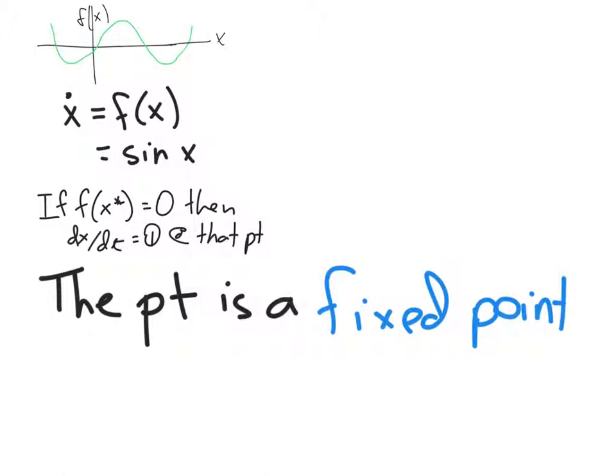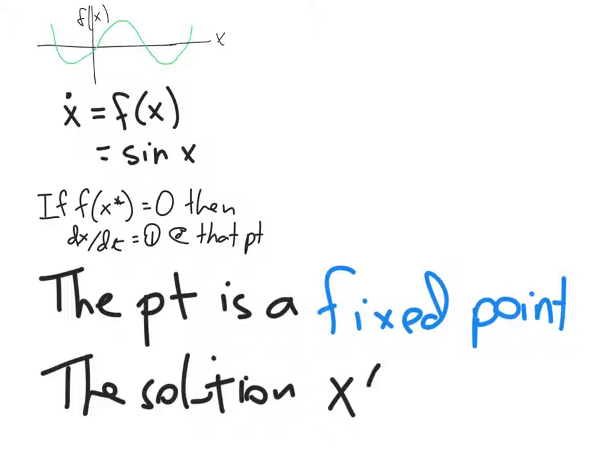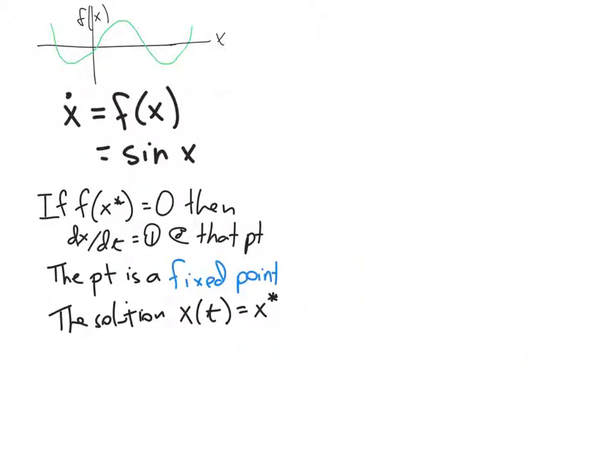And that means that not only is the point a fixed point, but that the solution x of t equals x star, recall that x star was a fixed point, is an equilibrium solution.